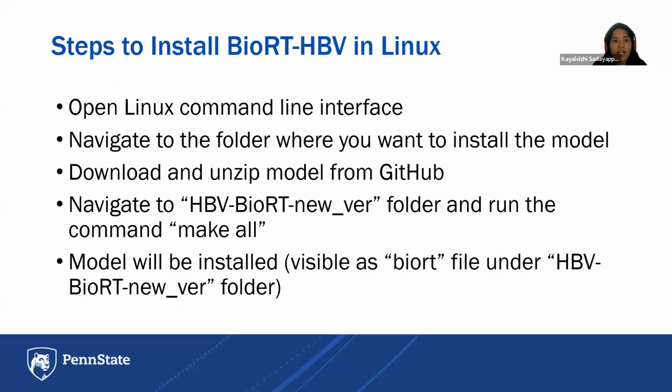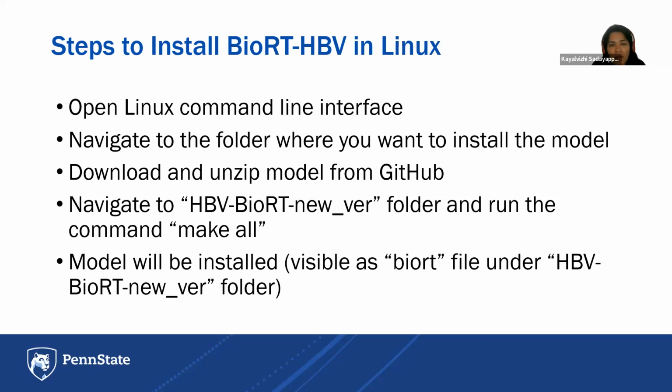So now let's see what are the exact steps by which we can install it. First, open the Linux command line interface on your system and navigate to the folder where you want to install the model. Inside this folder, you should either copy or extract the folder HBV BioRT newer, and then go into this HBV BioRT newer folder on your command line interface.